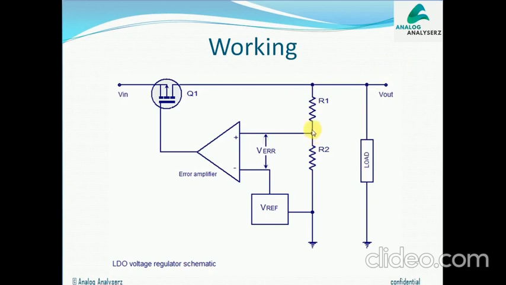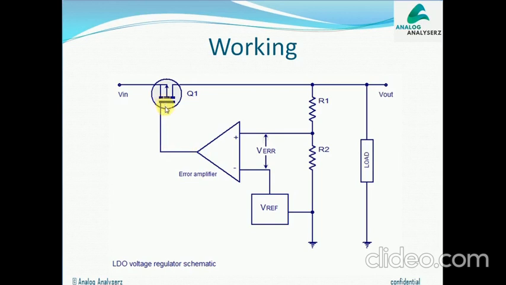If it is 0.9 and this is 0.7, the error amplifier will generate a voltage with 0.2 difference, and this will be at the output of the error amplifier, which is going to the gate of the PMOS.